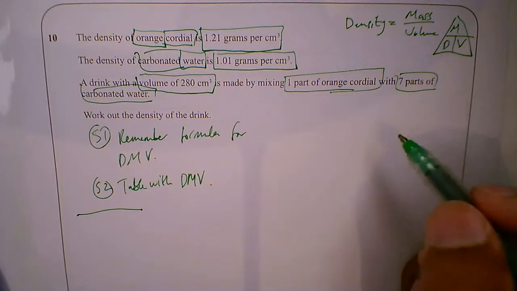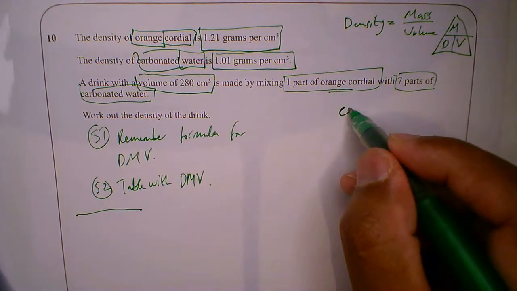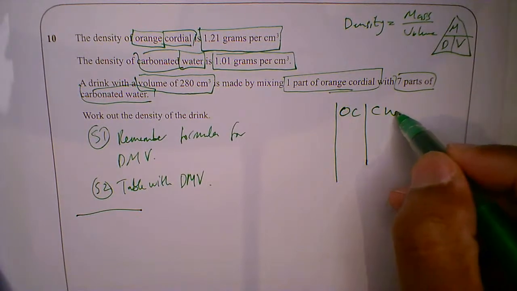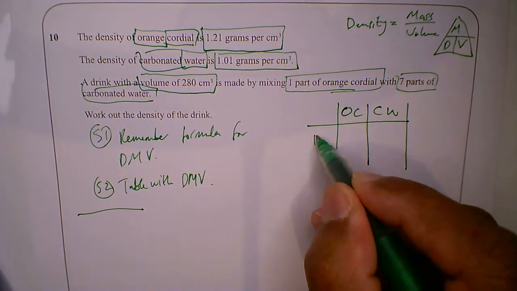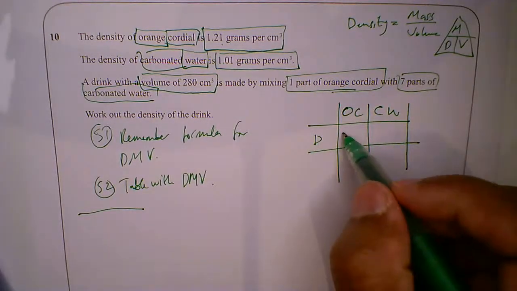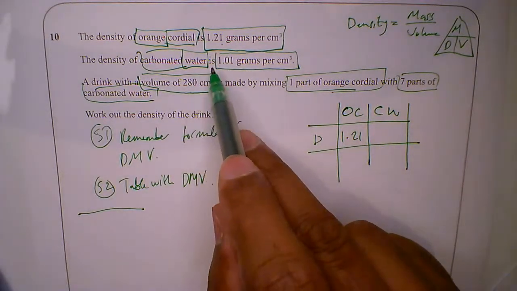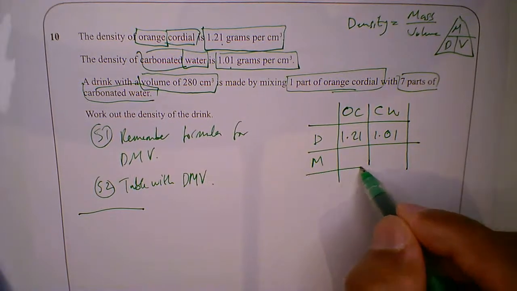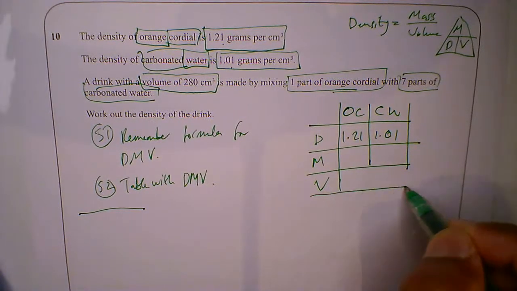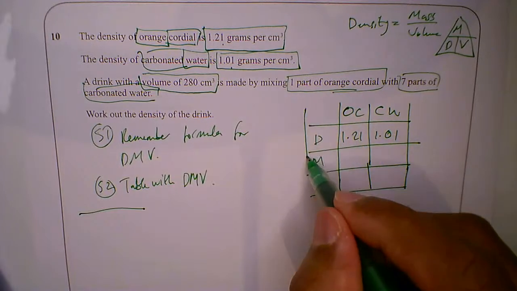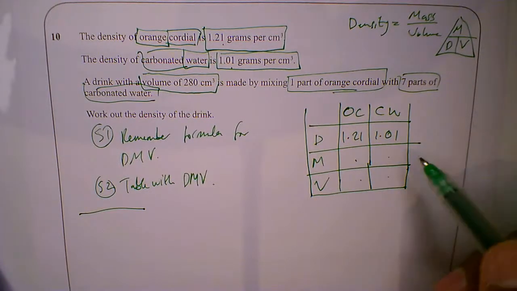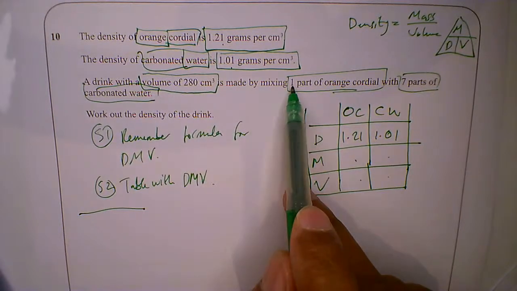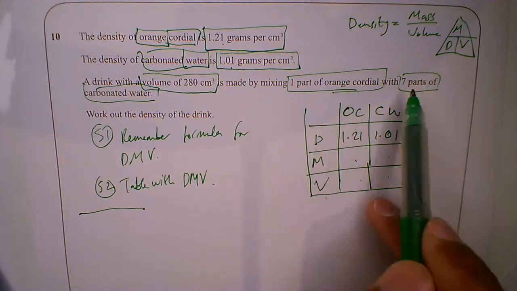So I have got orange cordial and carbonated water. My density is 1.21 and my carbonated water is 1.01. So I need to find these 2 boxes. Now, a drink with a volume of 280 is made by mixing 1 part of orange to 7 parts water.